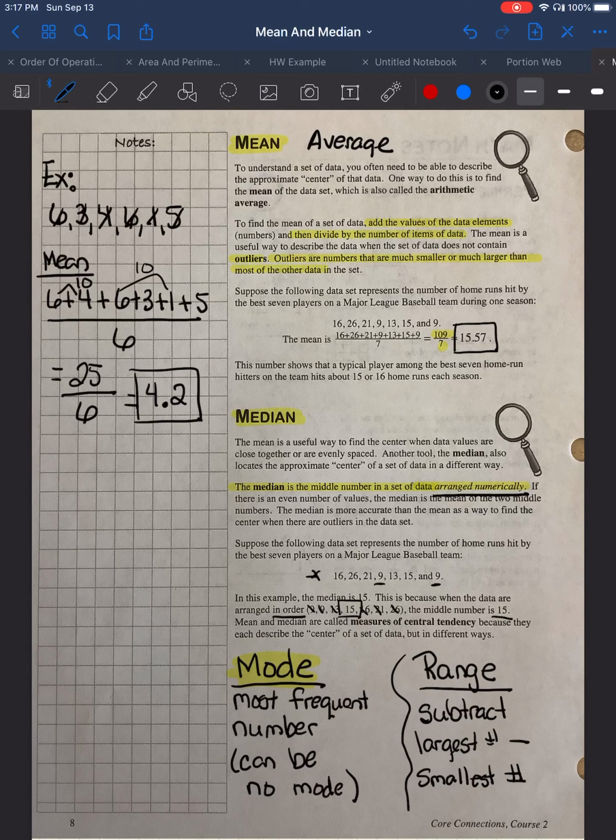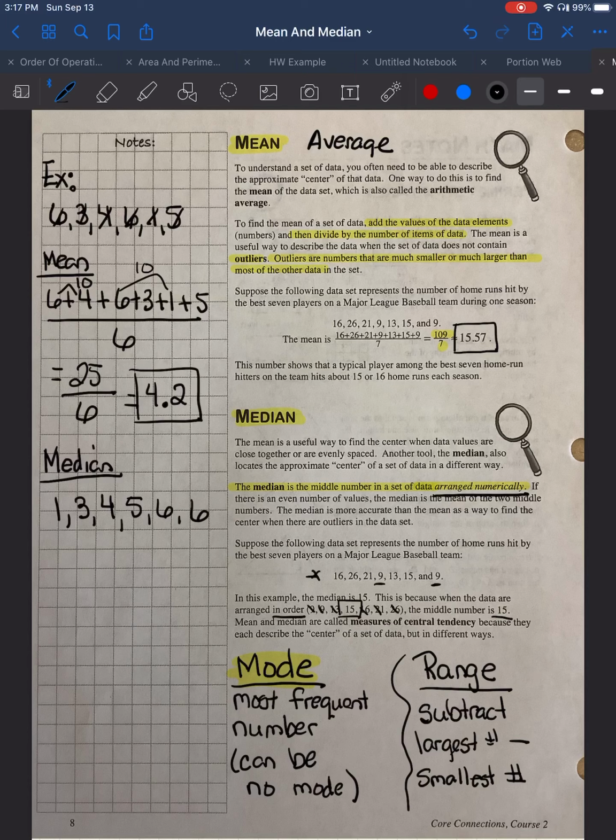Okay, the next measure is the median, which, as it said in our notes here, we have to put the numbers in order numerically, meaning smallest to largest. So we had a 1, a 3, a 4, a 5, a 6, and a 6.